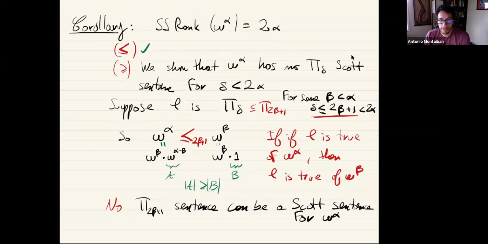Cool. So that's how you get that you couldn't find a Scott sentence of smaller rank. That means that's how you get that the Scott rank is actually equal to 2 alpha.